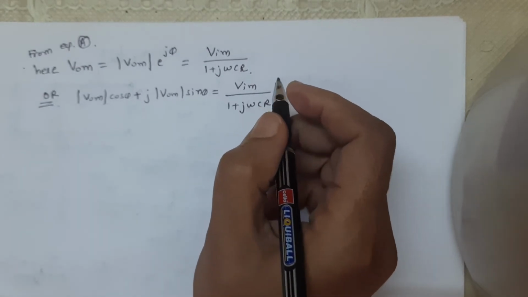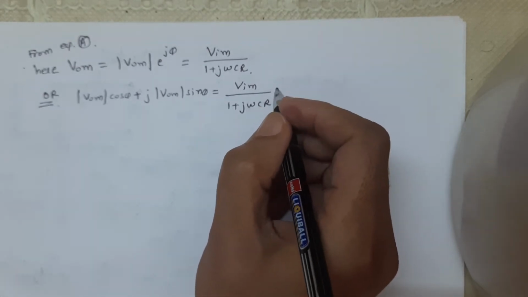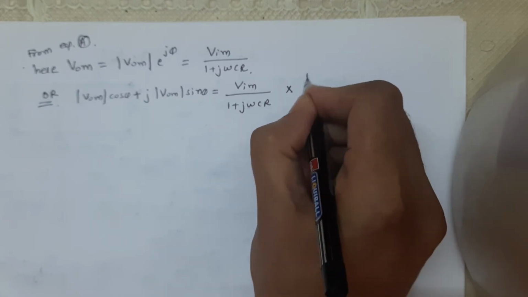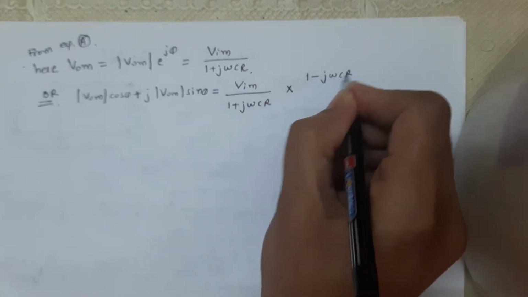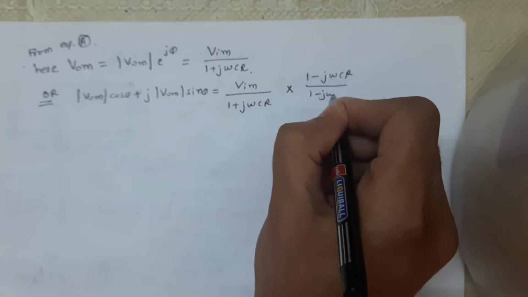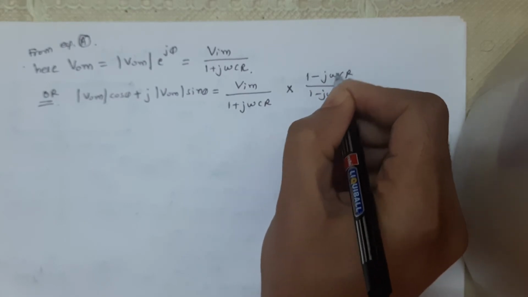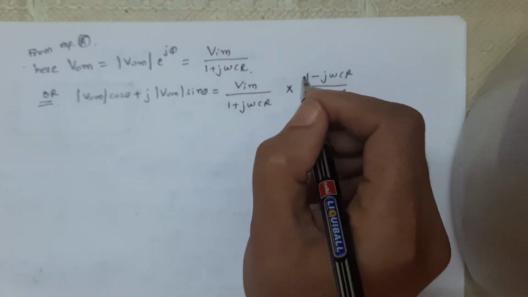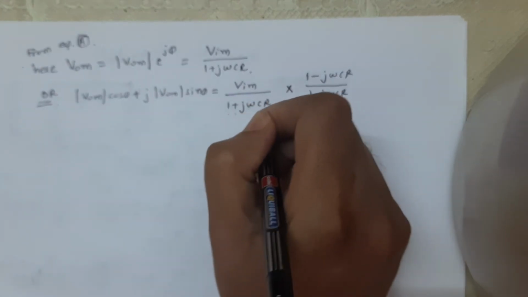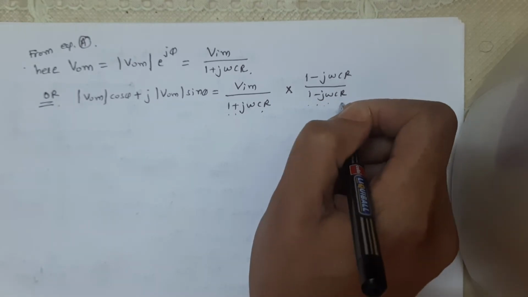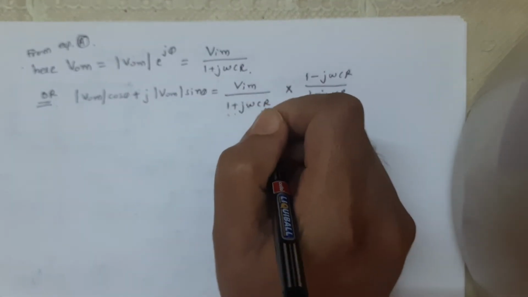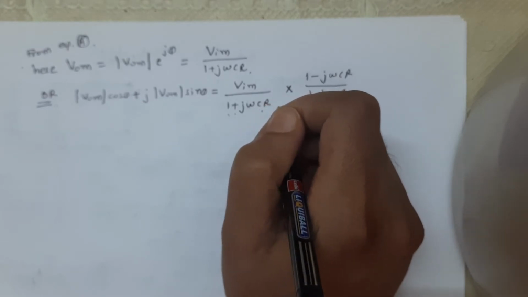Now, to simplify this, we multiply both sides by 1 minus j omega CR upon 1 minus j omega CR. That means this divided by this is equal to 1, so there is no change. But here 1 plus j omega CR times 1 minus j omega CR gives 1 squared minus j squared omega squared R squared C squared.